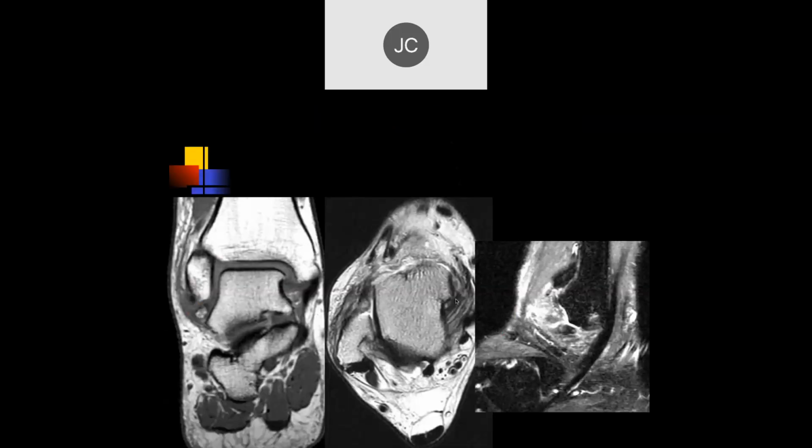And then here's just an os fibulare, and here we can see it's located in this location, but notice how flat the distal end of the fibula is. This is a chronic avulsion injury that's displaced and has not healed. And here we can see the chronic fracture, and these are often somewhat unstable, leading to chronic instability of the lateral portion of the ankle.